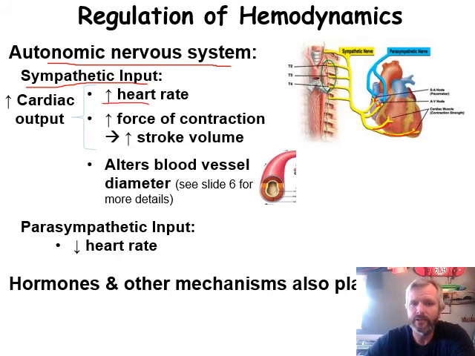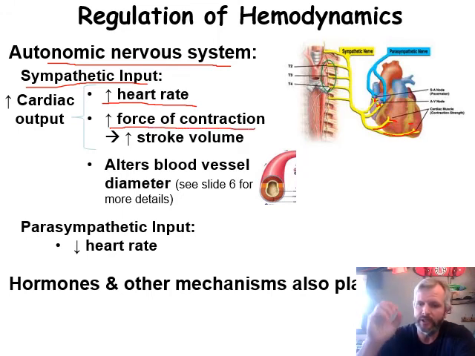It increases heart rate, but because it innervates the muscles here, it also increases the force of contraction, what we call contractility of those heart muscles. Those heart muscles can contract kind of weakly, or they can contract very forcefully. And if you contract very forcefully, you're going to increase stroke volume. So the sympathetic increases stroke volume and heart rate. Those are the two factors that determine cardiac output.